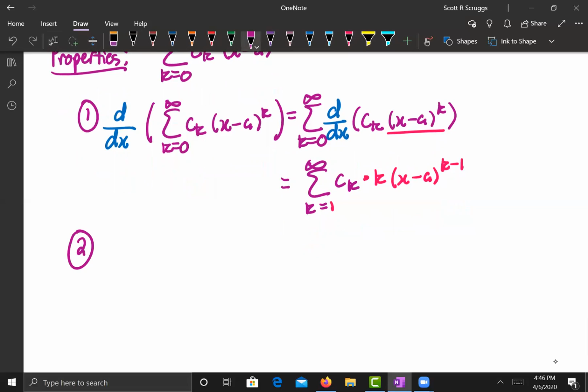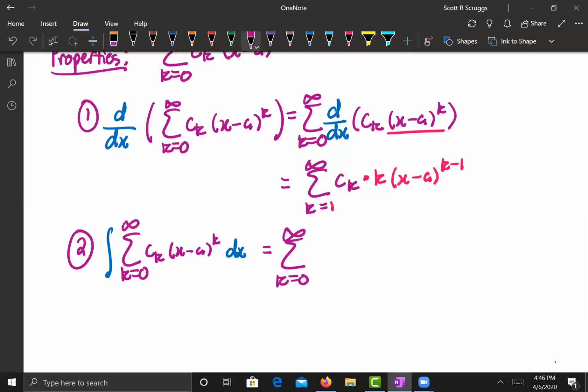And also for a power series, if I take its integral, I should expect essentially the exact same thing that I've done in part 1. Which means the integral gets to move in.